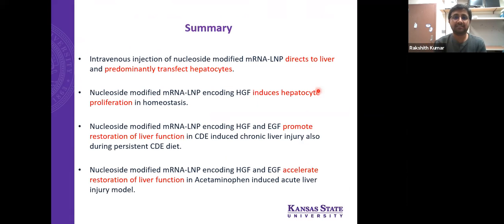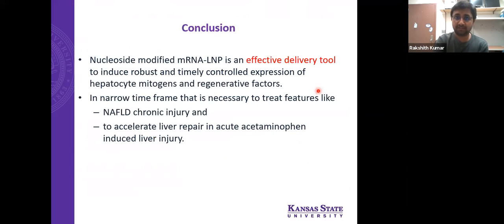To summarize all the results, they finally concluded that the nucleoside modified mRNA is an effective delivery tool to induce robust and timely controlled expression of hepatocyte mitogens and regenerative factors in a narrow time frame that is necessary to treat conditions like non-alcoholic fatty liver, chronic injury, and also to accelerate liver repair in acute acetaminophen-induced liver injury.